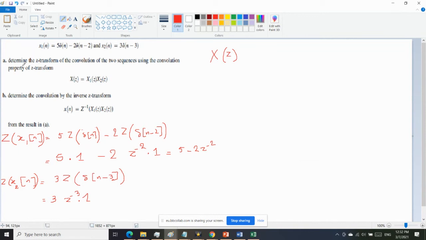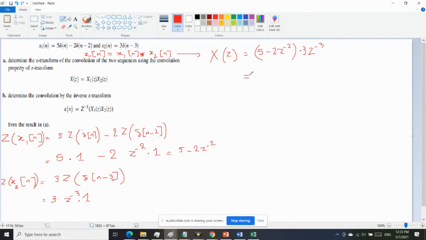Okay, now the total X of z, which is the convolution of x1 and x2. The z transform of it is the multiplication of these two, this one times this one, so it becomes 5 minus 2 z to the power of minus 2, times 3 z to the power of minus 3.